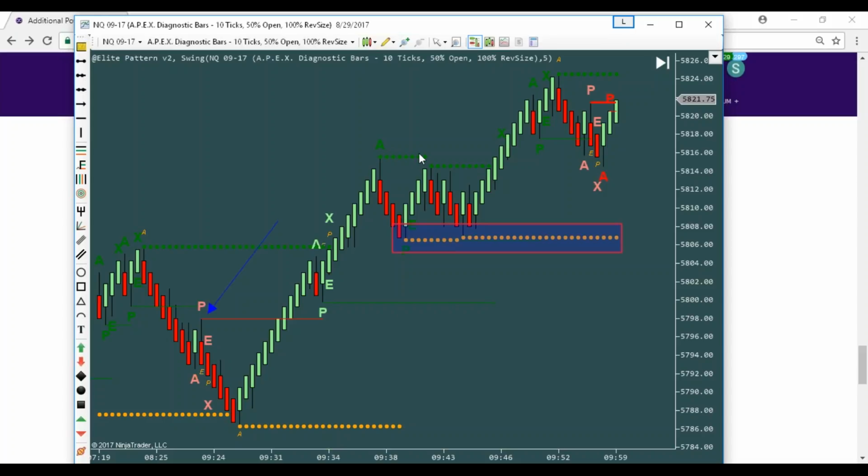Or you've got mini magnets and swings, or even a mini magnet that's an old mini magnet just a few ticks away from another level, then that's a powerful area to look at. Or you've got an old mini magnet here, and then a mini magnet here, and a mini magnet here. You know what I mean? Where you've got just an area of mini magnets. And now I'm cutting into my mini magnet webinar.